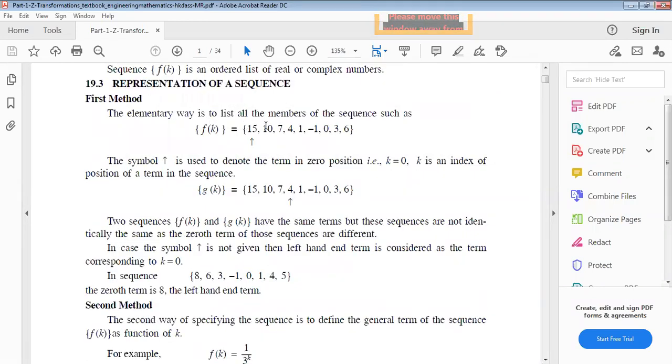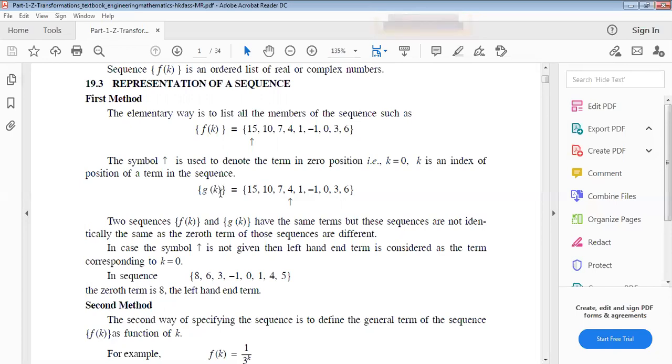The first method is the elementary way: list all the members of the sequence, such as f of k equals 15, 10, 7, 4, 1, minus 1, 0, 3, 6. These are random numbers. The symbol is used to denote the term in zero position, that is k equals 0. The sequence starts from k equals 0, and k is the index position of a term in the sequence.